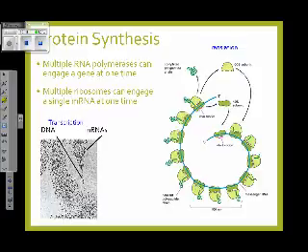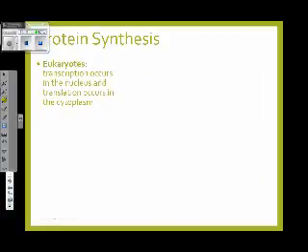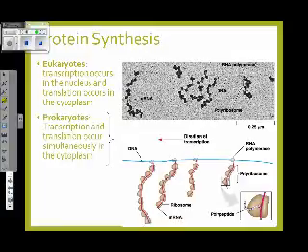Multiple ribosomes can engage a single mRNA at one time. So that's just making those proteins faster and faster and faster. In eukaryotes, transcription occurs in the nucleus and translation occurs in the cytoplasm. In prokaryotes, transcription and translation occur simultaneously in the cytoplasm.